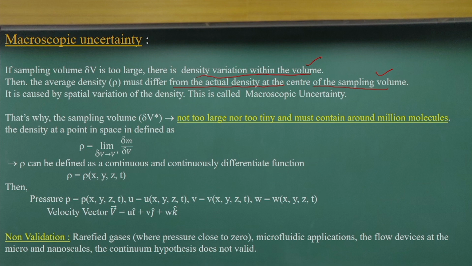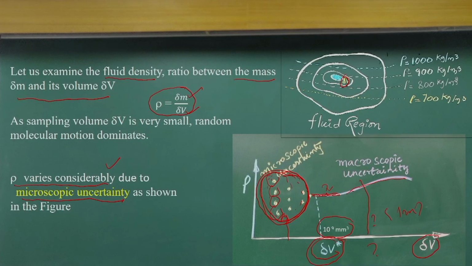So if you look at it, two types of uncertainty happen with respect to the sampling volume. One, if it is much smaller than the limiting condition, which is 10 to the power minus 9 millimeter cube, you will have a microscopic uncertainty, and if you go for a very large sampling volume, you will have a macroscopic uncertainty: microscopic and macroscopic uncertainty.